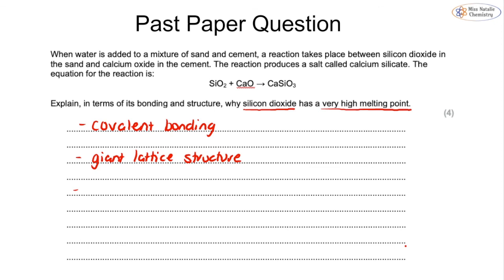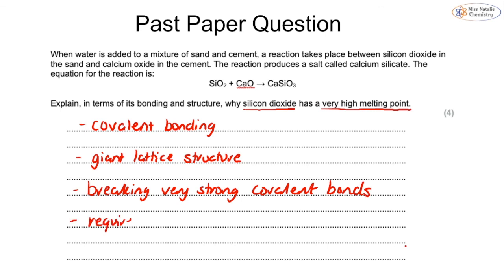What bonds are we breaking? Well, we are breaking very strong covalent bonds. And then what effect does this have? Well, they require high amounts of energy to break. So we're just breaking it down step by step in the question.